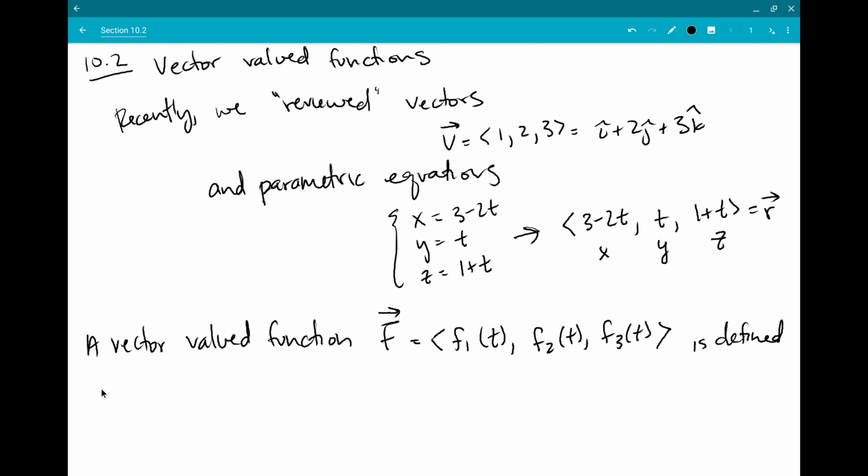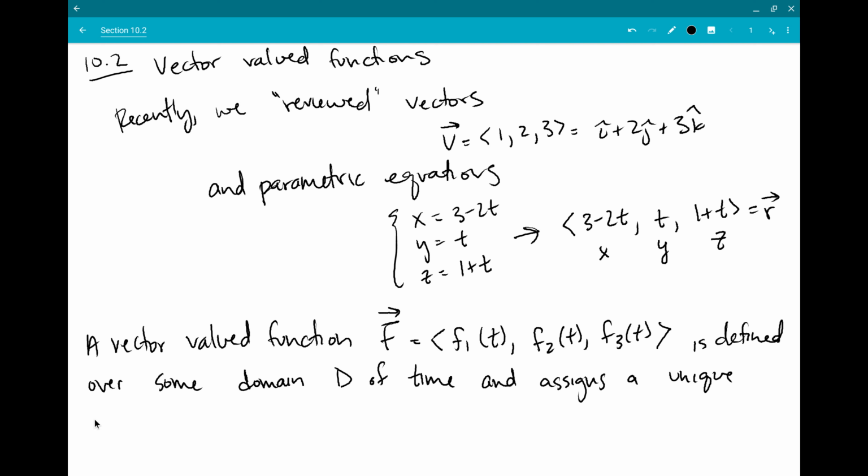Just like any function, it's defined over some domain D. And it's just going to assign a unique vector that F is going to point to, for every t we could plug in from the domain.